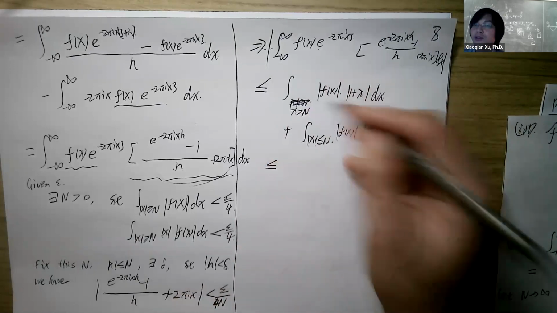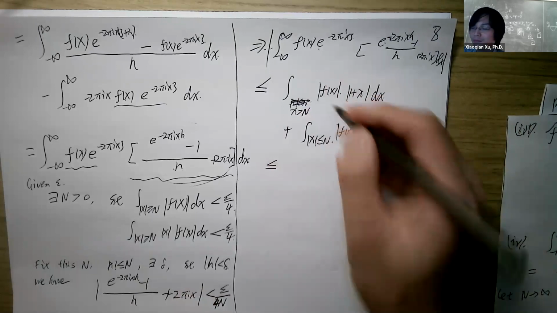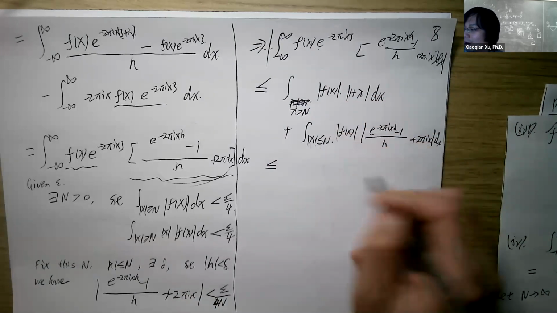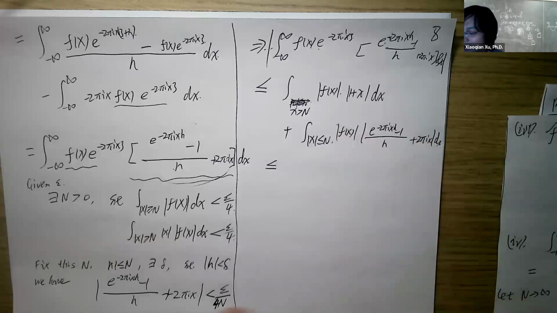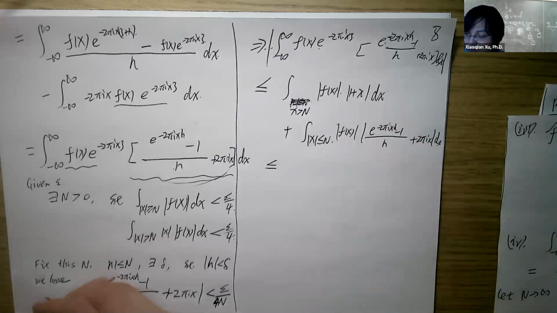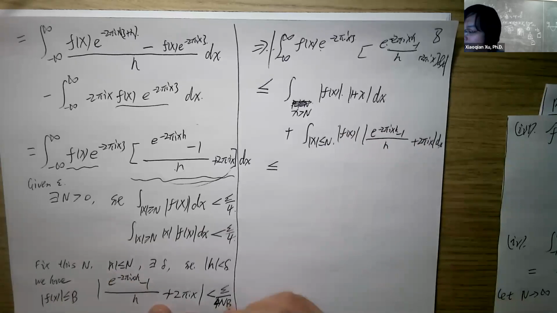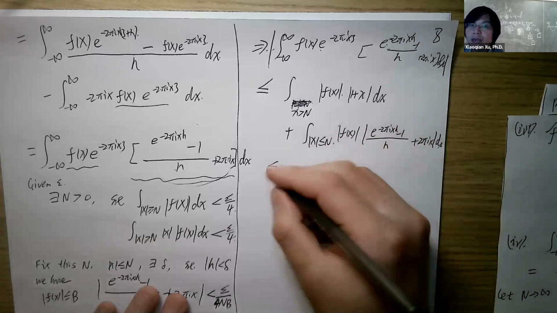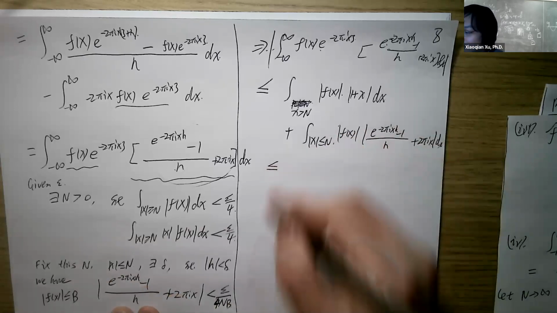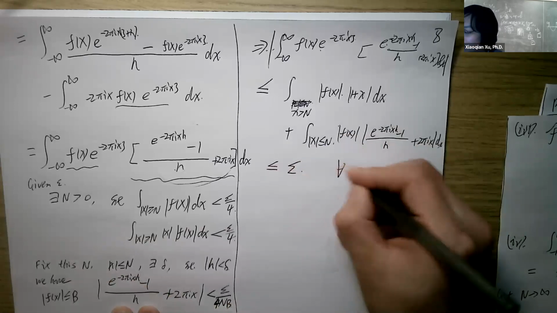This part gives you some epsilon over 2. Here f(x) is less or equal than b, and we divide by b here as well, so this part is less or equal than half epsilon. So eventually everything is bounded by epsilon, for any epsilon greater than 0.